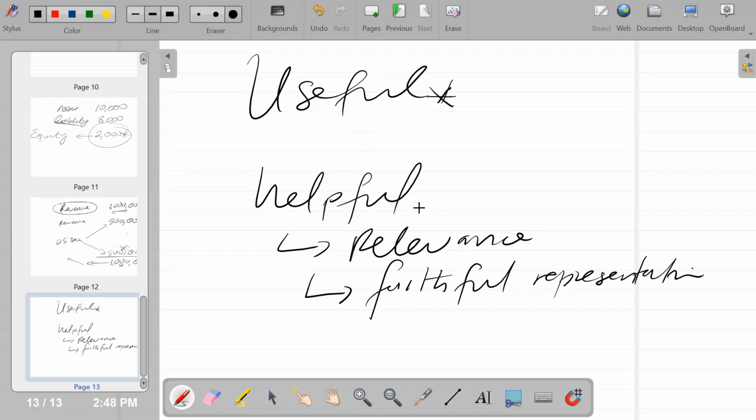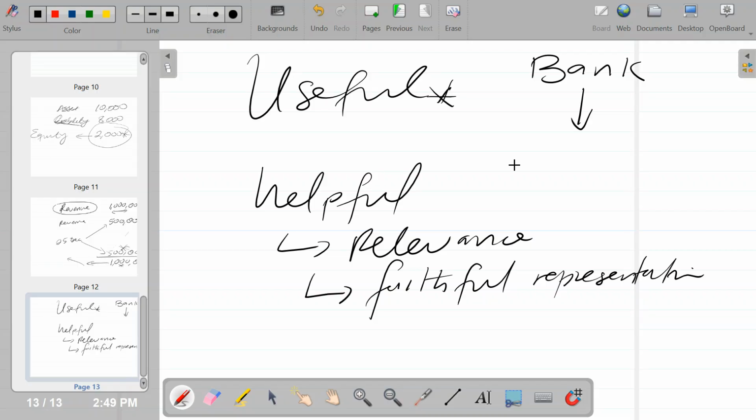Okay. So a financial report should have relevant information. For instance, you are a bank, and a company has approached you for a loan. They have given you their financial statement.